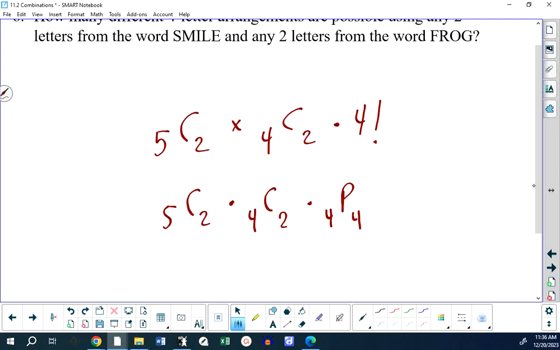Christy, do you have it? 144. 2440? Oh no, 144. Let me see. Just 144? Did you multiply? No, I didn't multiply. Hang on. Yeah, let's multiply by the 4 factorial, or by the other one. 1440. 1440, when you multiply them all. So you're going 5 choose 2, which is 10, times 4 choose 2, which is 6, times this, which is 24, and you're saying it's 1440. Okay.